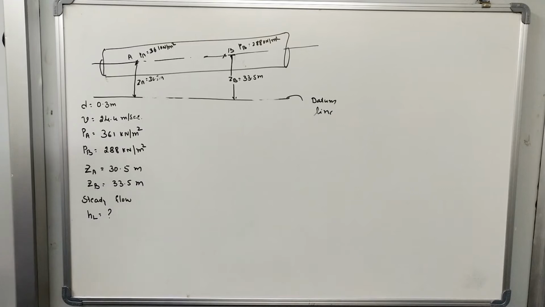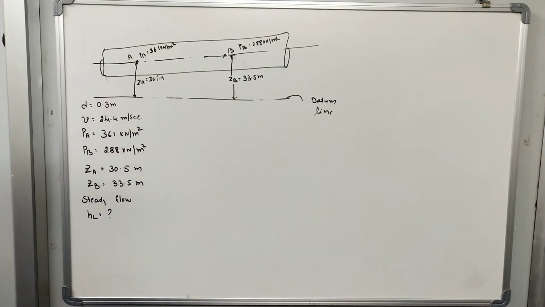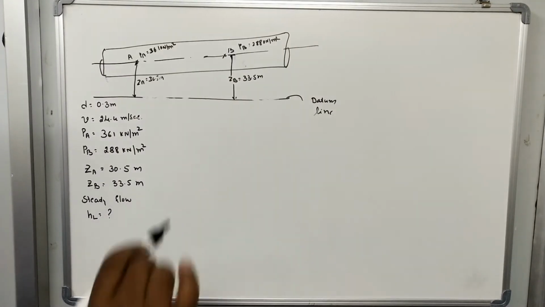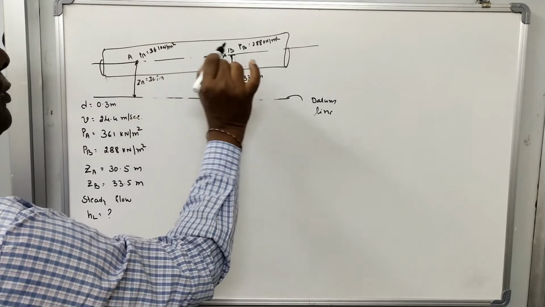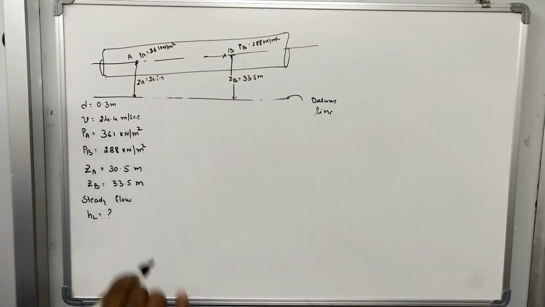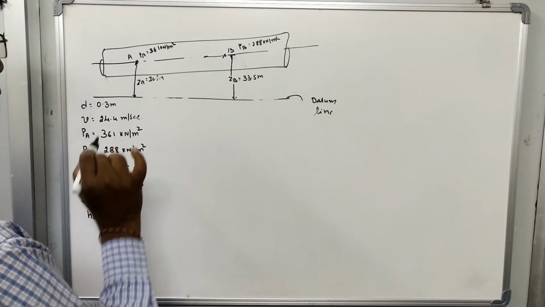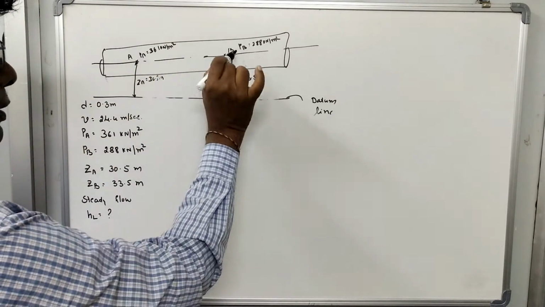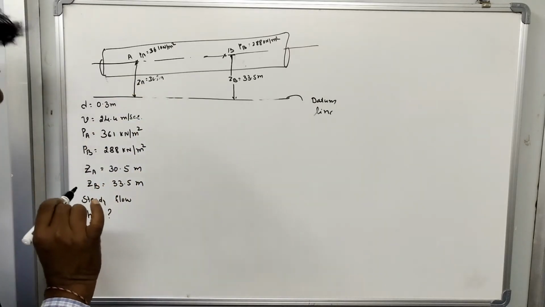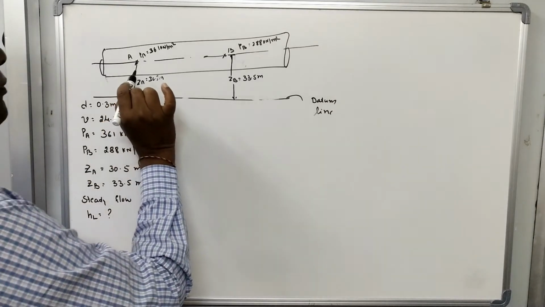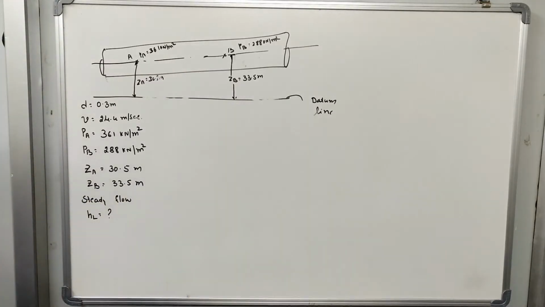Consider 2 points, A and B. Find the energy head loss between point A and B when the water flows inside the pipe from A to B. The given data are: diameter of pipe, velocity of water, pressure at point A, pressure at point B, datum head at point A, and datum head at point B. As we know, when the flow takes place from A to B, there is a loss of energy head.